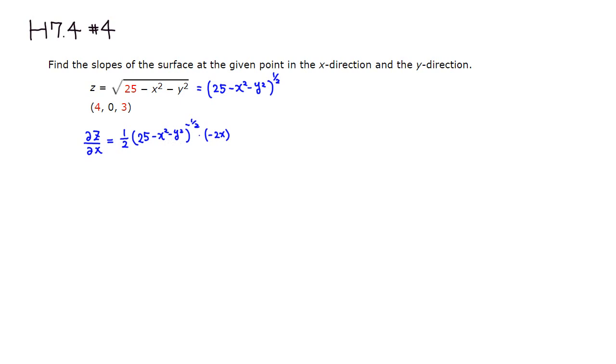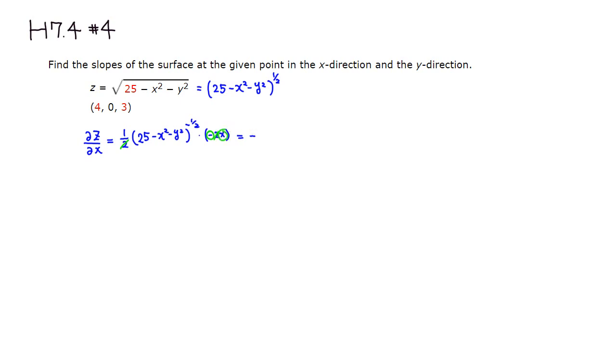So we have that. Then we can cancel the 2 on the bottom and the 2 on top. Then we can rewrite it with the negative sign here, and x on top.